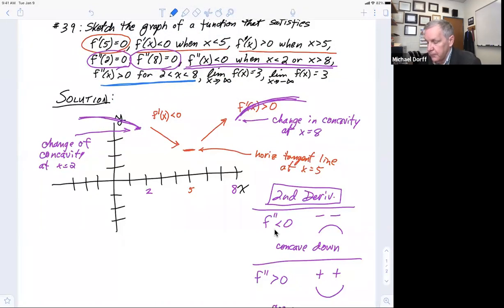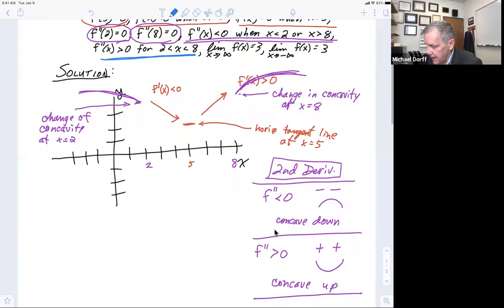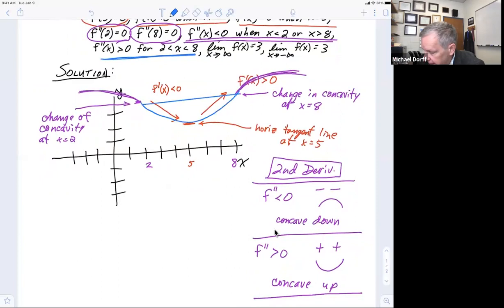The second derivative is greater than 0 between 2 and 8. So that means it's going to be concave up between 2 and 8, but it's still going down until I get to 5, and then it's going back up. But now that gives me my cup, my concave up. And notice that at x equals 5, I do have that horizontal tangent line.